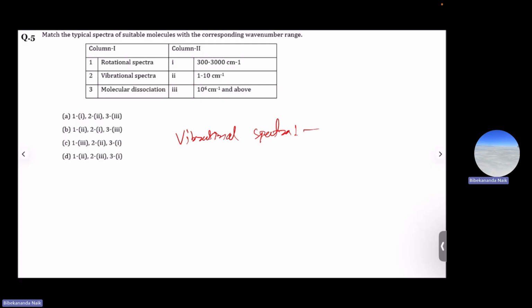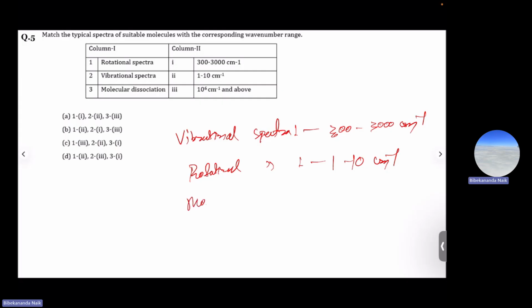So vibrational spectra corresponds to 300 to 3000 centimeter inverse. Rotational spectra corresponds to 1 to 10 centimeter inverse, and molecular dissociation has maximum energy.